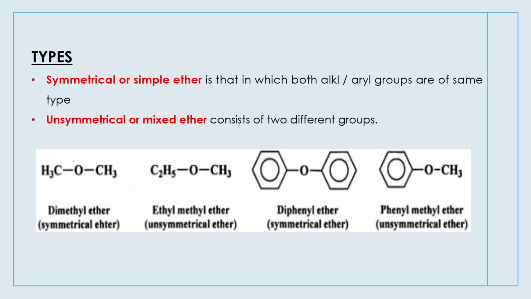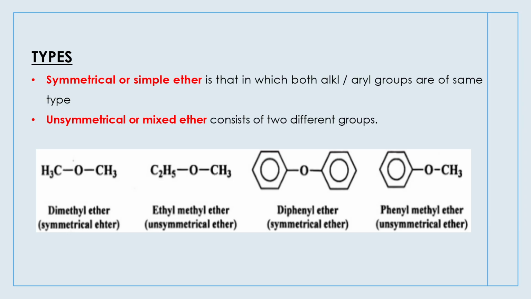In the next example, you can see that oxygen is bonded to the phenyl ring, that is the aryl group attached. On the left side you have phenyl that has 6 carbons, and on the right hand side you also have the phenyl group attached which also contains the 6 carbons. Since the aryl group is the same, it is called the symmetrical ether or the simple ether.